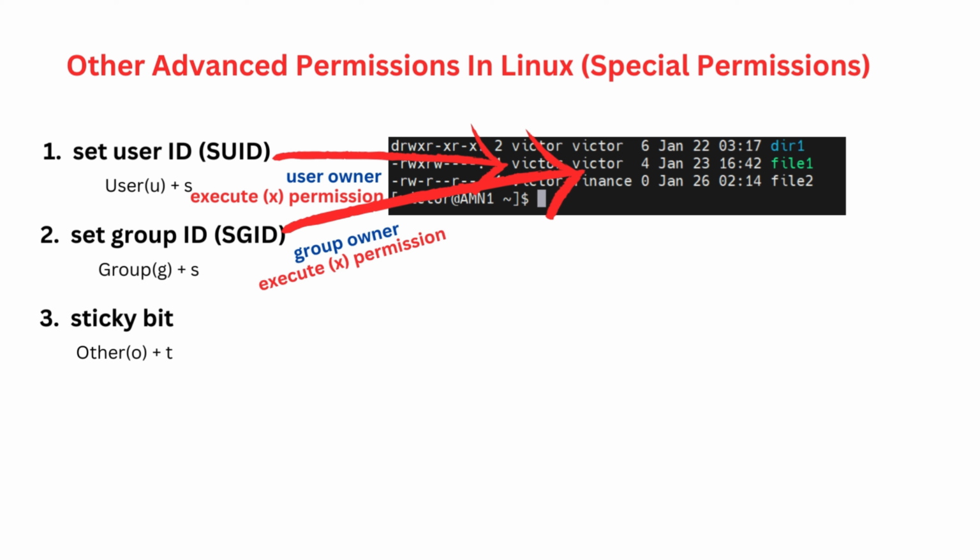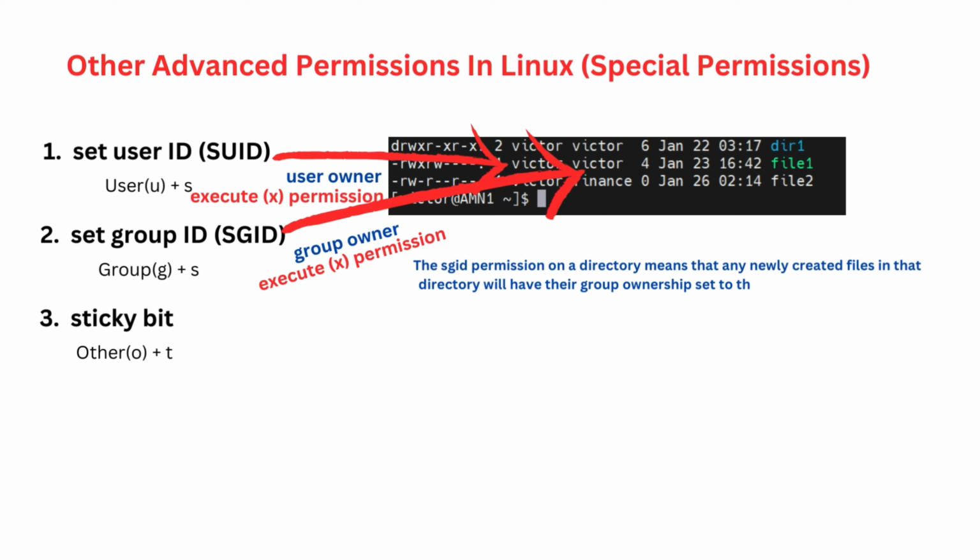And like I said, that is on a file. Now for a directory, when you use the set group ID permission, it means that any newly created files in that directory will have their group ownership set to that of the directory owner. The set group ID is mostly used in a shared group environment and it can be very effective.